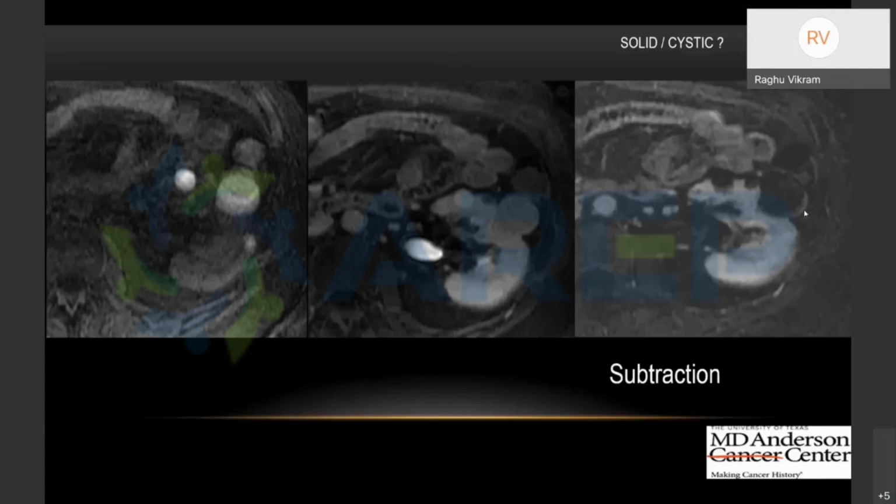And so now you can see that this was a cyst without any enhancing component, but just hemorrhagic stuff within the cyst.